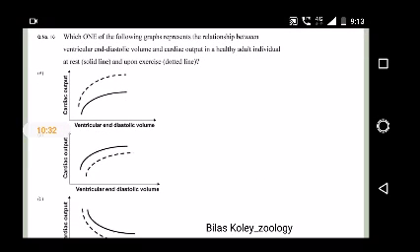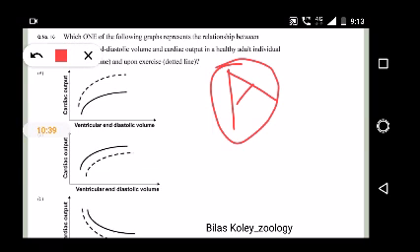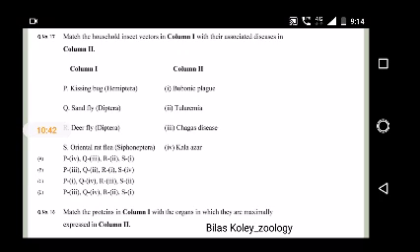The right answer of question number 16 is option A.